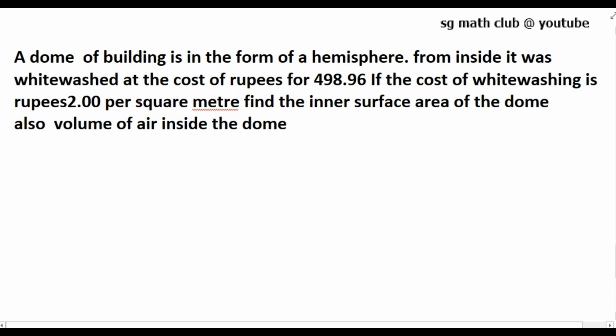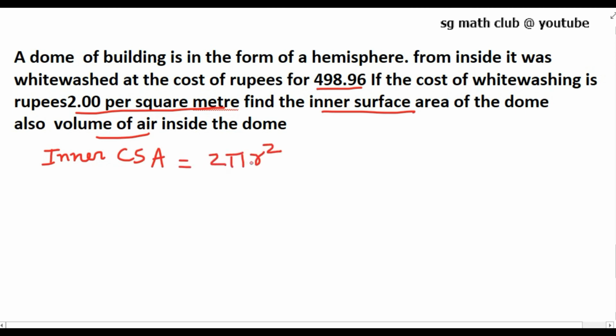Next one: a dome of a building is in the form of a hemisphere. From inside, it was whitewashed at the cost of rupees 498.96. If the cost of whitewashing is rupees 2 per square meter, we need to find two things. First is the inner curved surface area of the dome, and second is the volume of the air inside the dome. The inner curved surface area of the dome, which is a hemisphere: we know the curved surface area formula for a hemisphere is 2 pi R square, total surface area is 3 pi R square, and volume is 2 by 3 pi R cube.